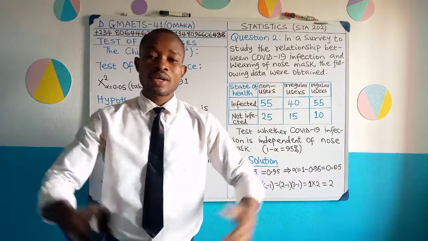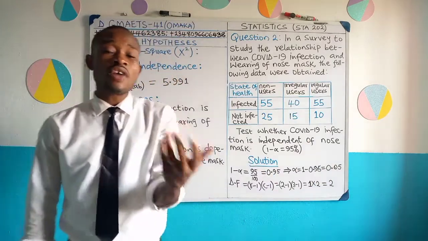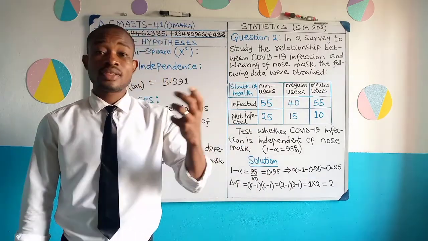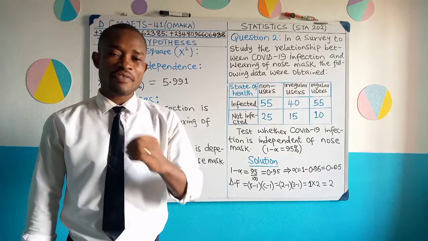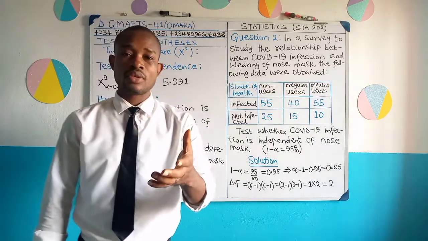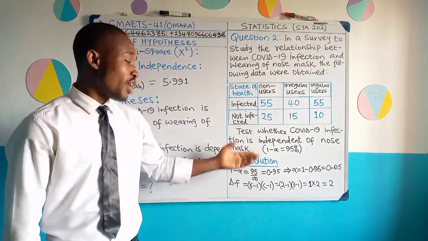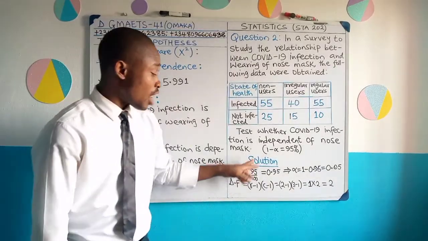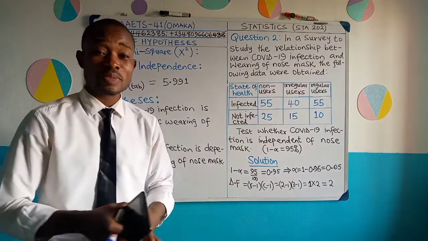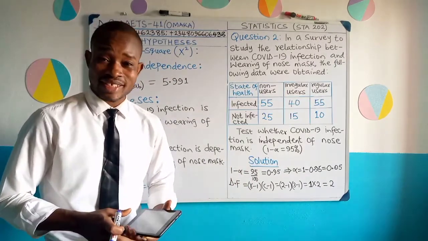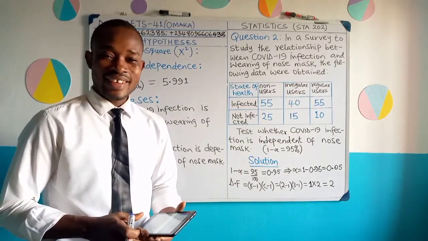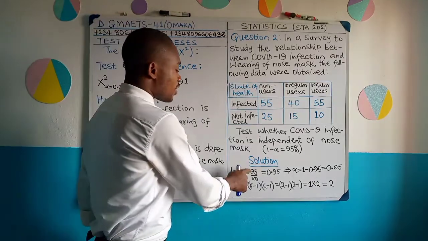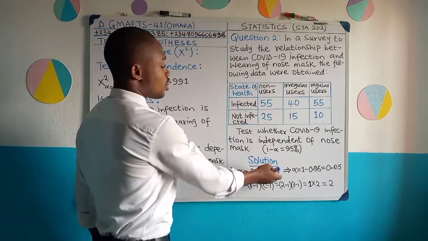So if your chi-square table is constructed in that confidence coefficient, fine. You use it straight ahead to read. But if your table is constructed in significance level like mine, I'm going to show you, then you would have to convert this to significance level by determining the value of alpha. And that is what I'm going to do because my table is actually constructed in significance level. So let us look at this. 1 minus alpha is 95%. 95% is 0.95.